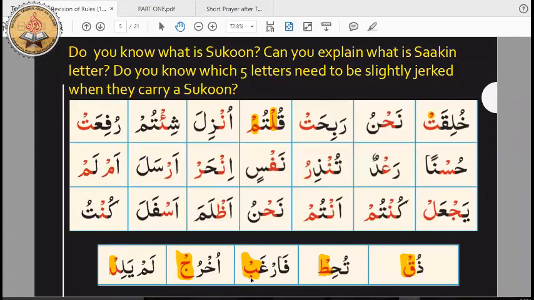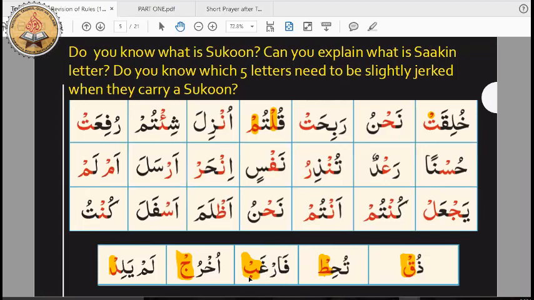Now the ba, as we've learned before, is one of the letters of the kalkala rule. So ba has a sukoon. So what we do is we join ghain to the ba with a bit of a jerk sound. So we would say this as ghab. Far ghab. Excellent.